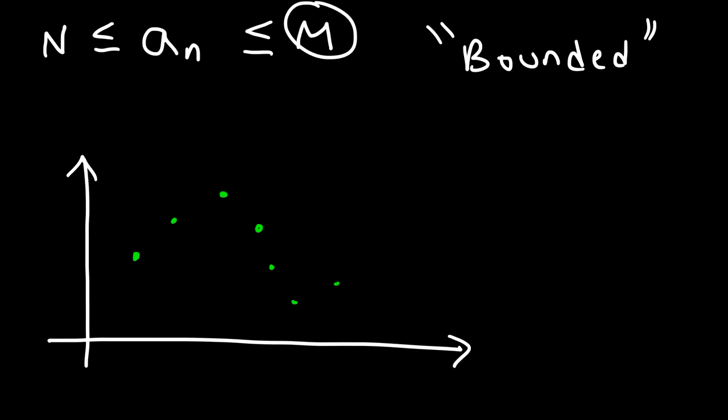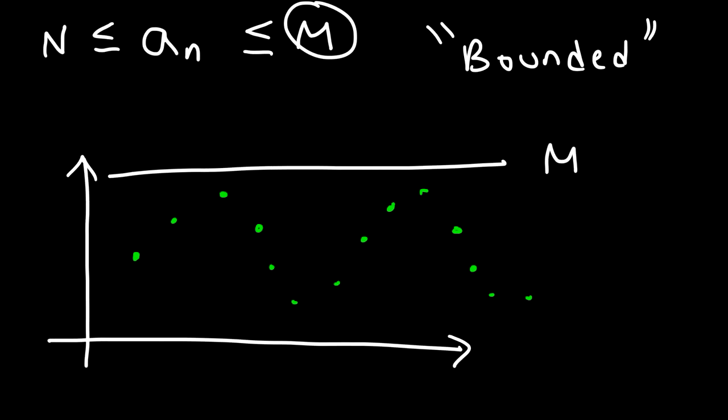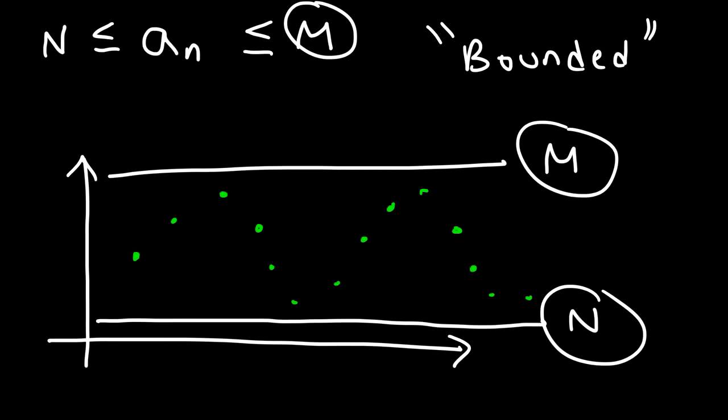It's an oscillating sequence. Looking at this picture, we can see that it's bounded above at m, and at the same time it's bounded below at n. So that's just a bounded sequence. It has an upper bound at m and a lower bound at n.